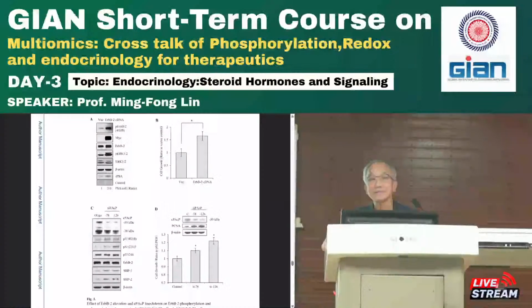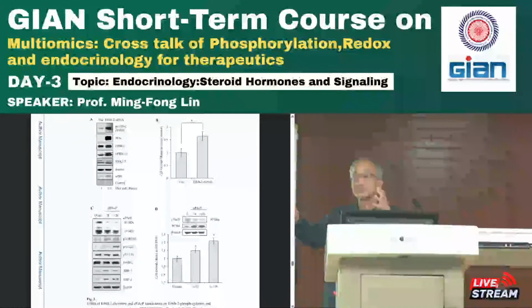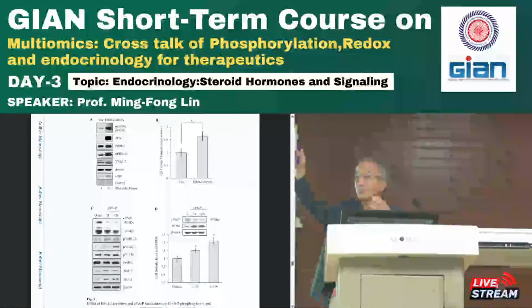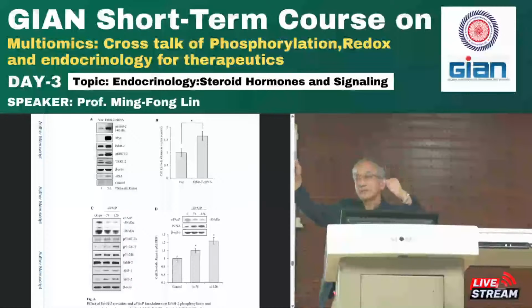Can it happen? If SHIP1 and SHIP2 regulate ERB2 phosphorylation, when SHIP2 and SHIP1 go up, the phosphatase goes up, what happens to the ERB2 phosphorylation? Should it go up or down?